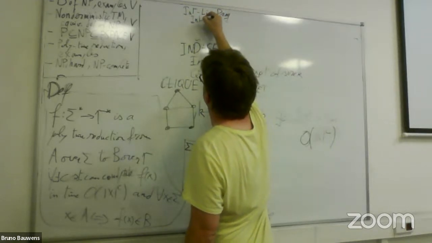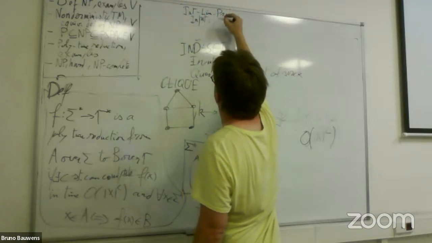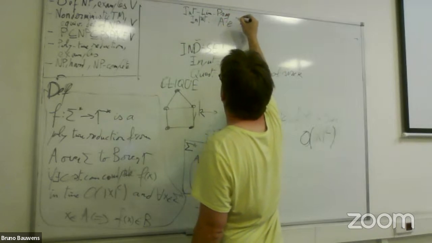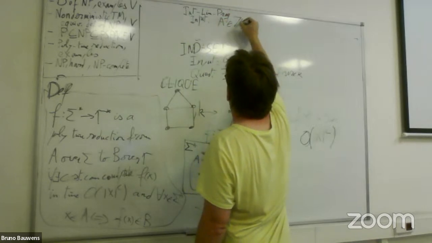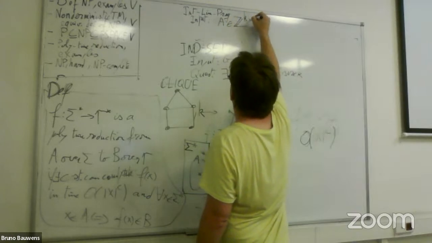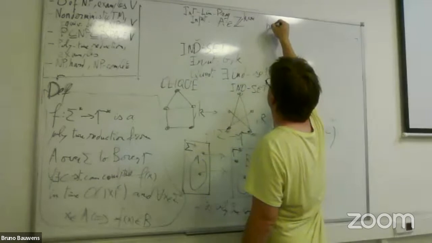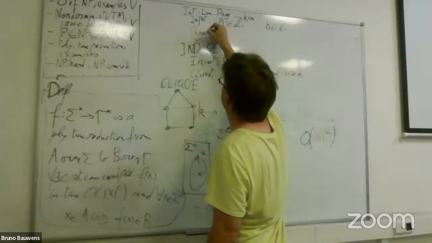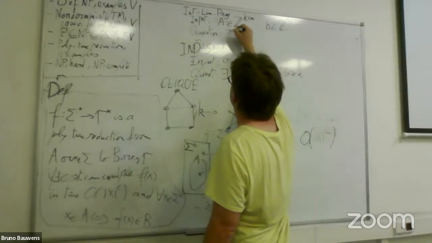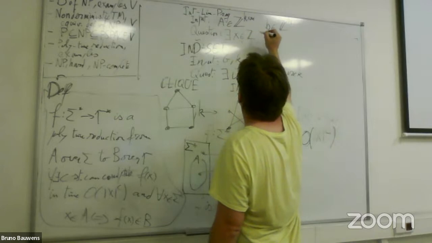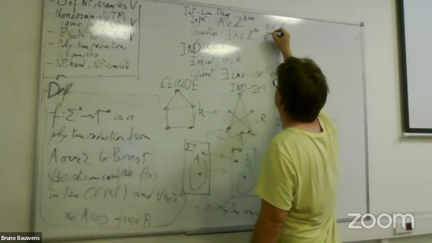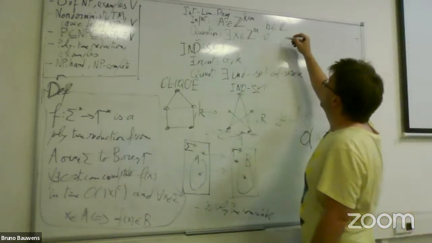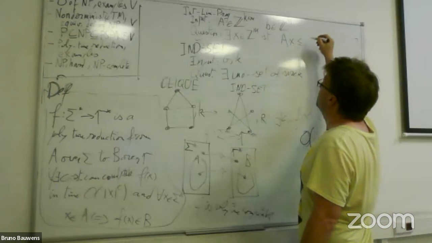I started to talk about reduction from vertex cover, but I think this is easier. Any NP-complete problem will work, and for introduction I do the easiest one. We are given A and b, and the question is whether there exists x in the integers to the power n such that Ax is smaller than b.